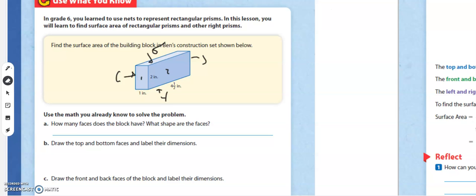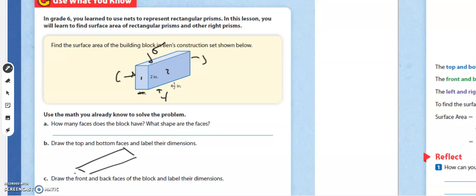So we have to draw the top and bottom faces and label their dimensions. The top and the bottom are the same size, the same dimensions, so that's 1 inch and 1 inch.